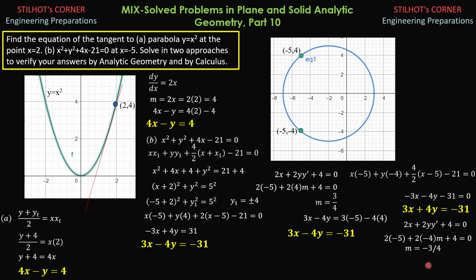So if the slope is negative 3/4, the expected equation of the tangent is 3x plus 4y equals 3 times negative 5 plus 4 times negative 4. And that is 3x plus 4y equals negative 31, which is the same as that.